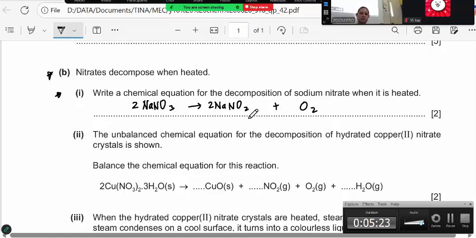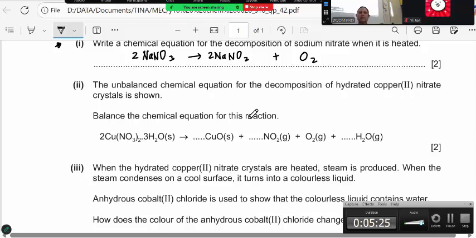The unbalanced chemical equation. I hope you got it correct. This one is the tricky one: you have to do 2 times 3, not just 3. So you have to put 6 here.